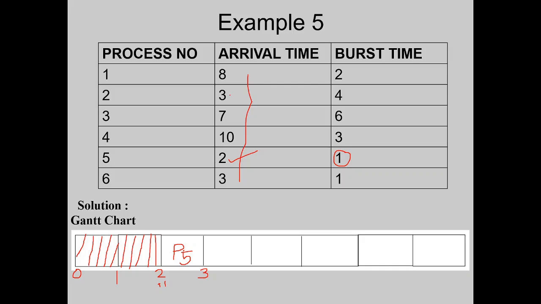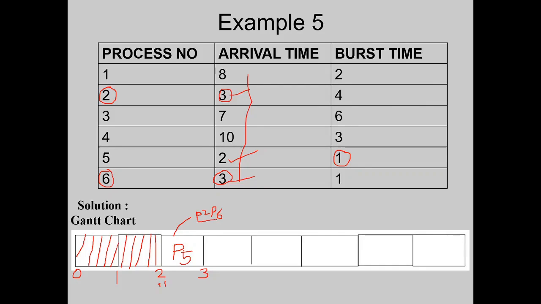Now at unit 3 two processes have arrived in the queue, that is process P2 and process P6. So when process P5 was running, two processes arrived here, P2 and P6.